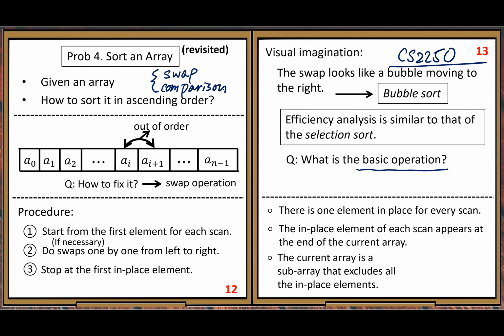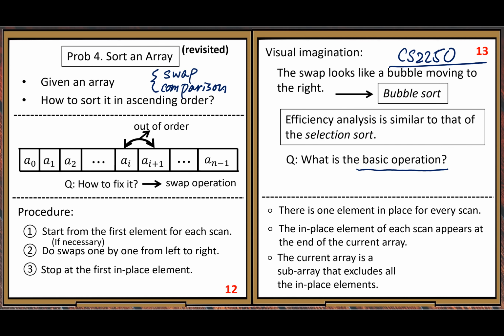You need to compare the values of two elements. Then you can see if they form an inversion or not. So you need to do a comparison. So which one should be the basic operation, swap operation or comparison in bubble sort?